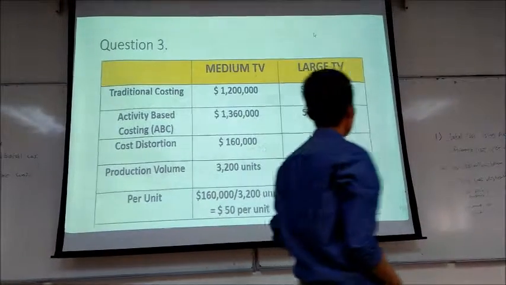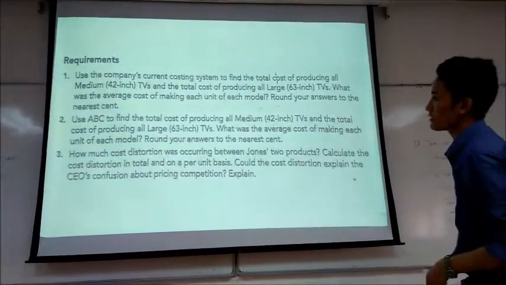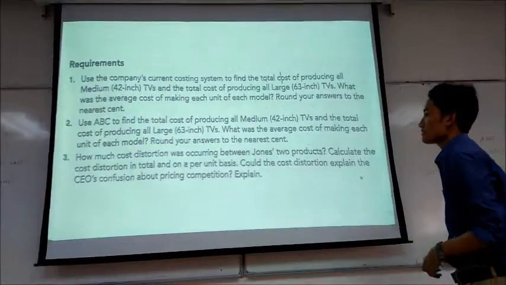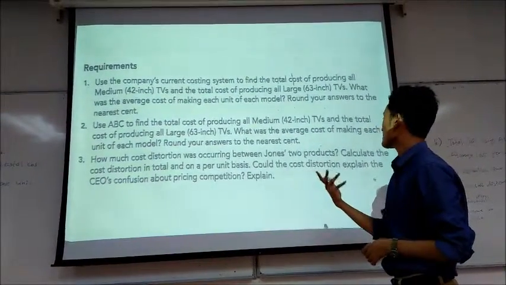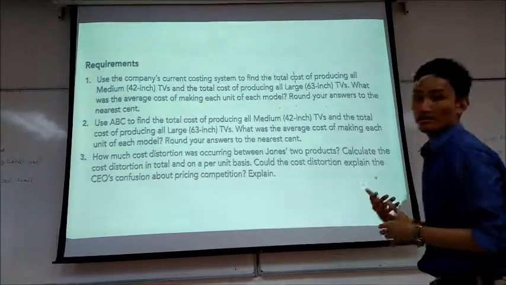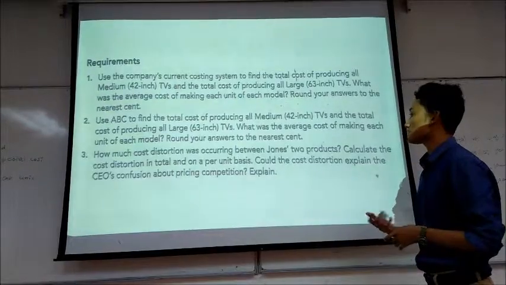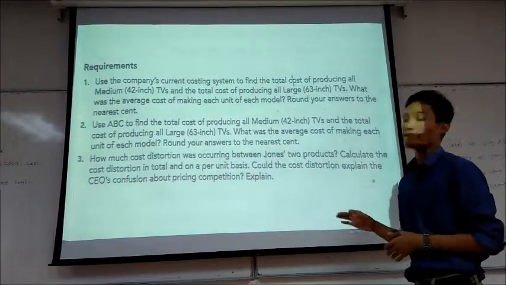So for question 3, it's talking about cost distortion that occurs between two products, and we will calculate the cost distortion in total and also on a per unit basis.